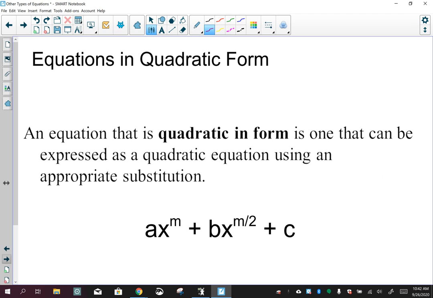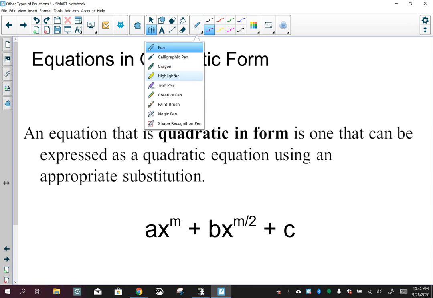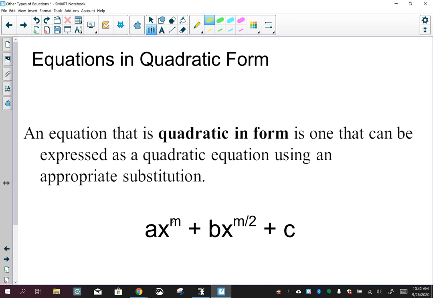So what you're looking for is an equation that has an even power here and then half of that even power there. So if this front power was 8, this needs to be to the 4th, and then whatever you're adding to that in the back. So even powers on the first one, and then half of that for the second one. And that's going to be in quadratic form.